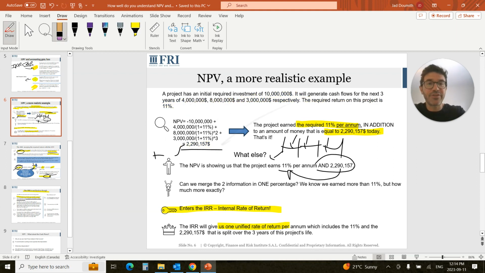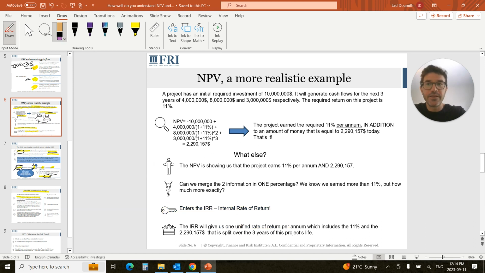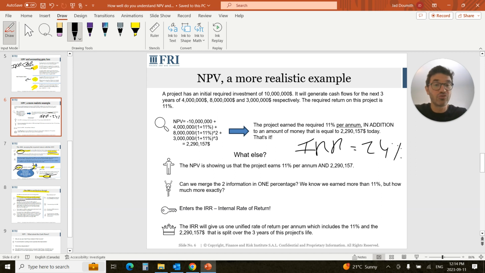So here we have a 3-year project with an IRR of 24%. When we calculated the IRR equal to 24%, this will only hold true, i.e. the project will only earn you 24% per annum if each interim cash flow is actually reinvested at 24%.